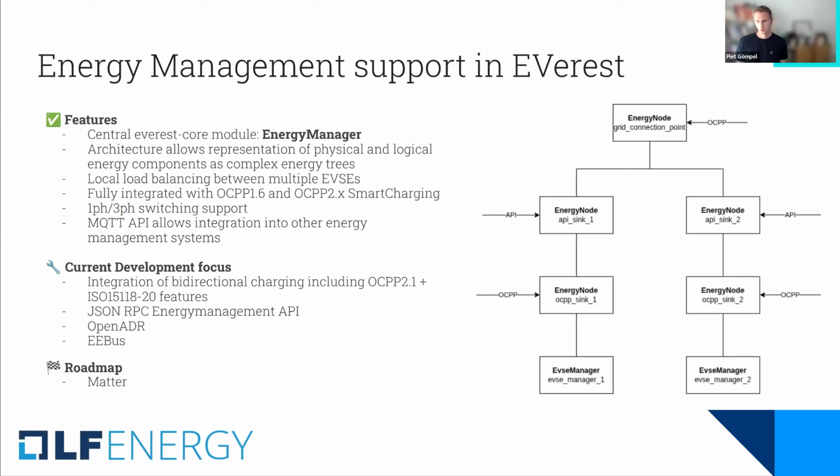The relevant module that actually contains the algorithm is the energy manager, but it makes use of what we call energy nodes. Those are separate modules, and these modules define either static metadata like fuse limits, but you can also define external limits. This is indicated by these arrows that you can see here, for example, API or OCPP.